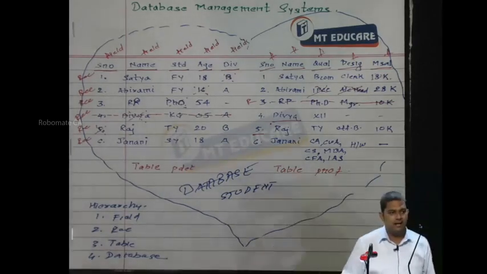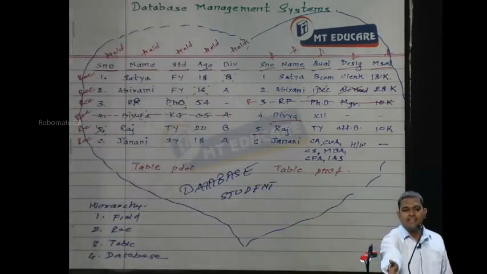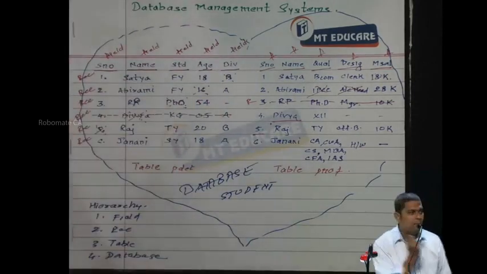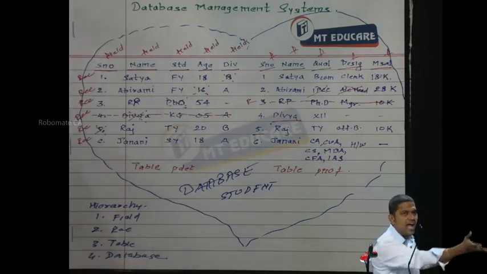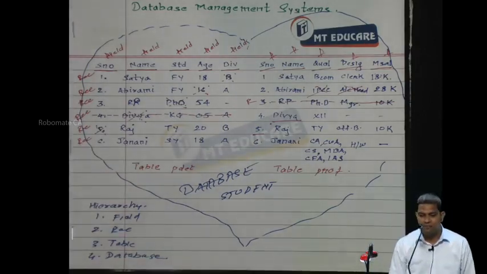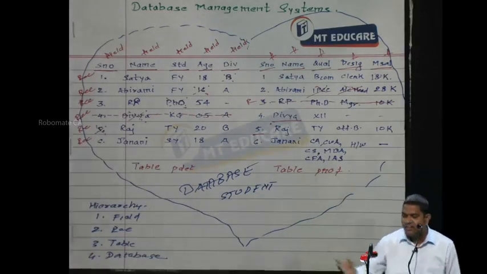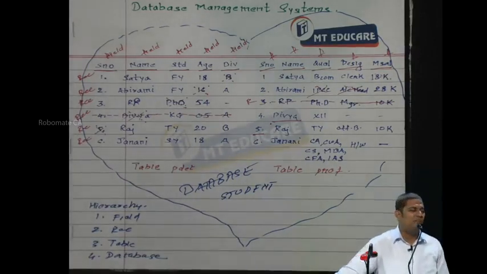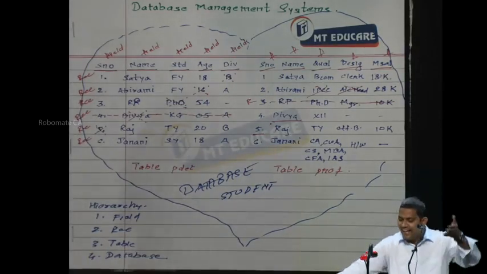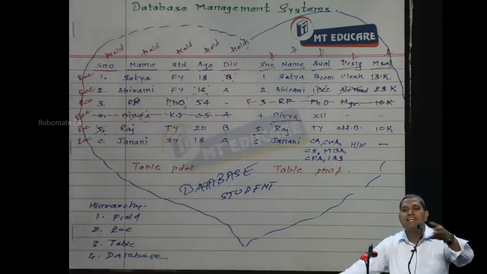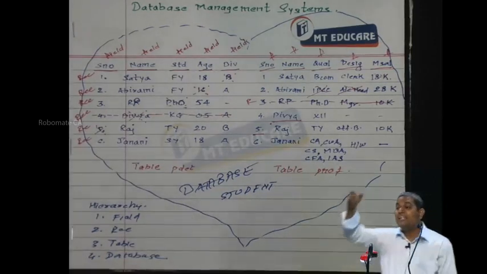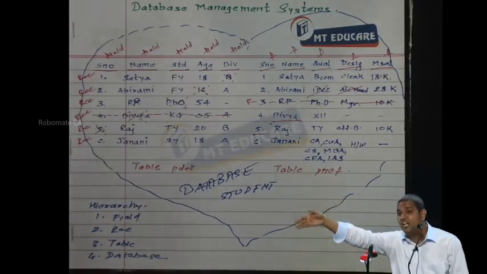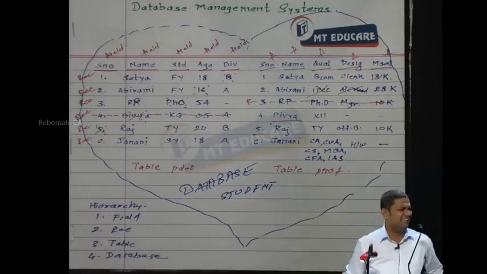I say Satya. Satya is this boy, it is this record. With the help of only just one name, Satya, I am able to describe the entity. Now someone is saying Divya, then I am saying, oh Divya, which girl are you talking about? That girl who is in KG? Who is in A division? There are many Divyas in A division.